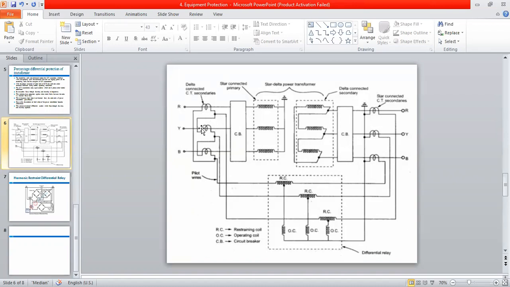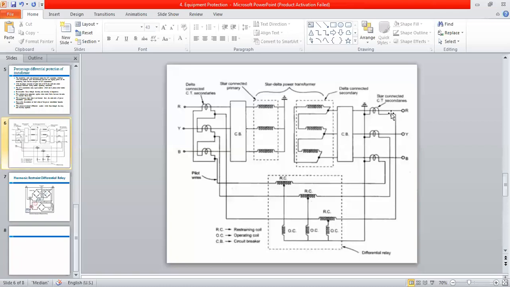It is the secondary of CT. And what will the primary of CT do? Primary of CT will collect the current from the transmission line, or from the distribution line, anywhere it will collect the current, and the secondary side is connected in delta here.